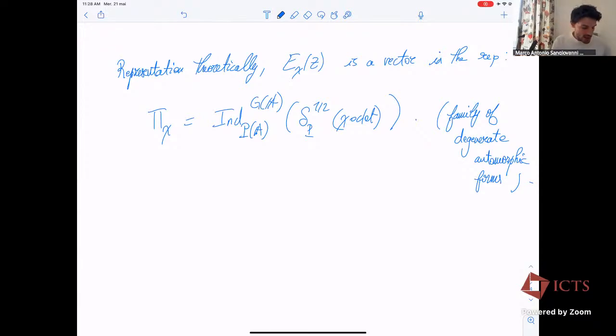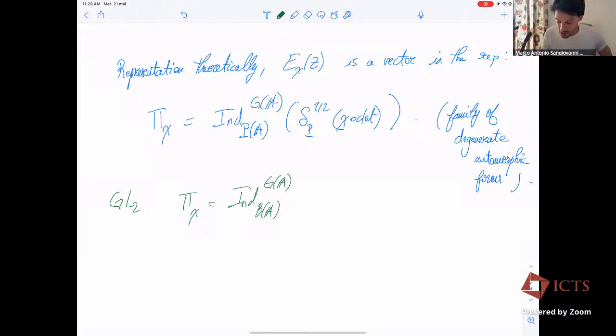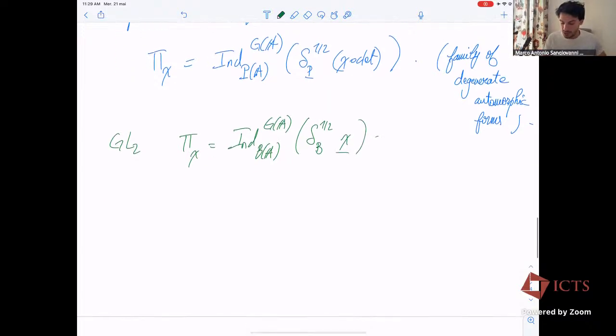Okay. And so let me again state the parallel for GL2. In the case of GL2, we would consider this induced representation of delta of the Borel to the 1/2 times chi, where chi would be even.